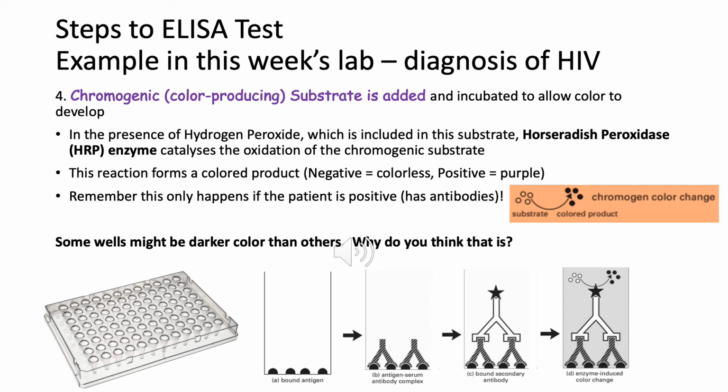So that's how we can actually detect that the antibodies are present. So some wells you might see are darker than others, and I'm going to pose that to you as a question in the post lab of why you think that might be.